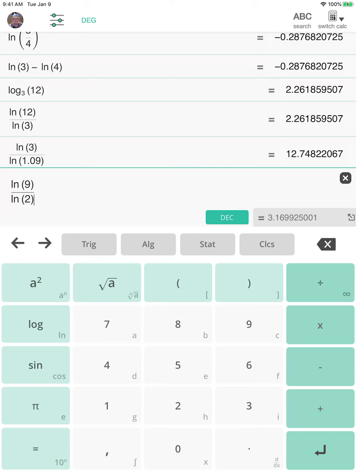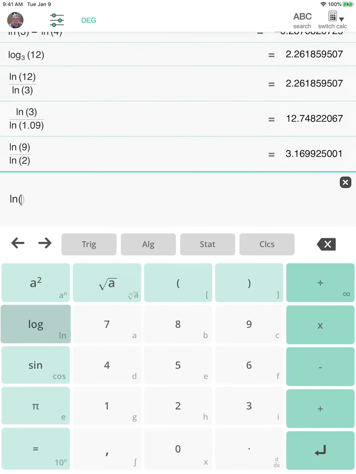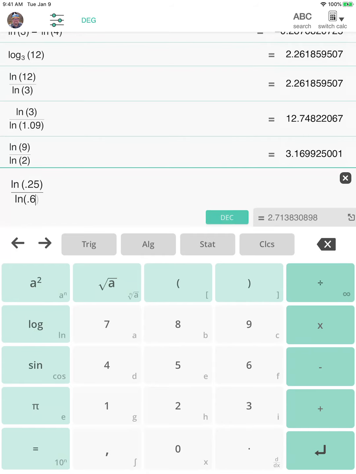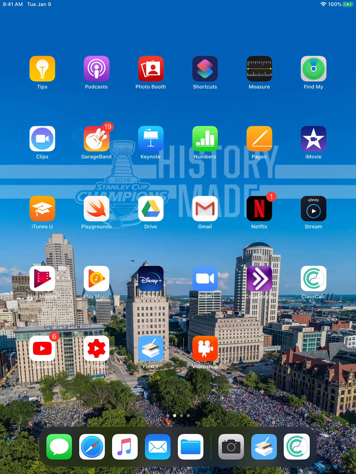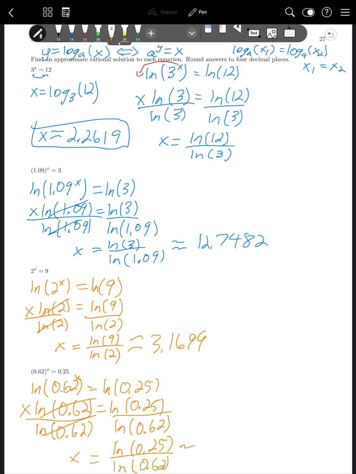And then we can go in our calculator and get an approximate solution. So that one's 2.899998, so that's going to round up to approximately 2.9000.